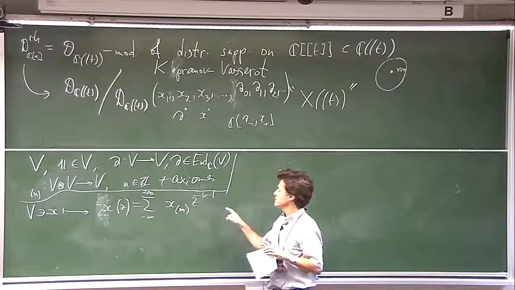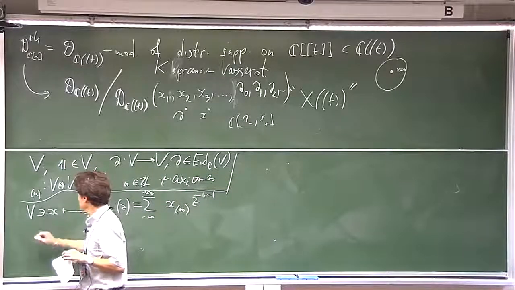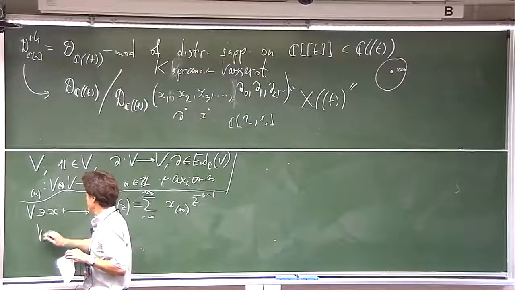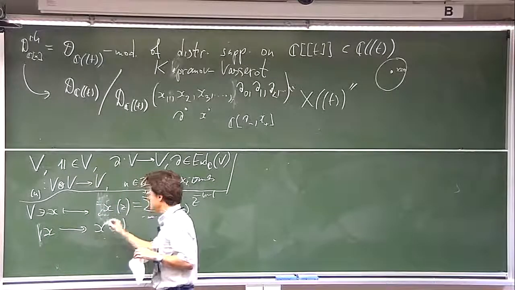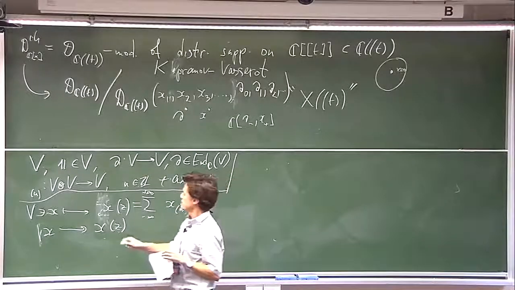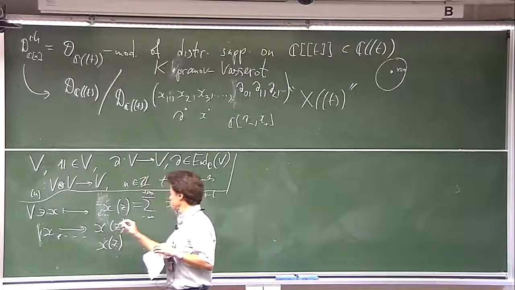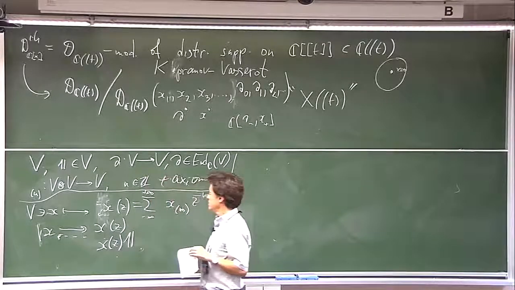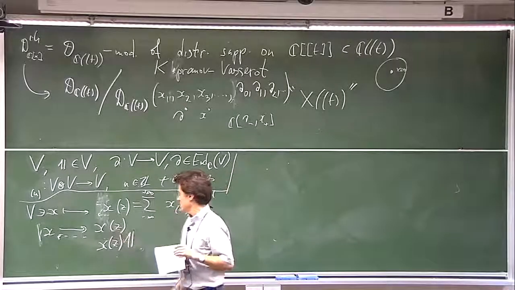One reason that fields are important is that x is really states. So this assignment of x(z) to x can be easily inverted. That's one of the axioms. That is, if you take x(z) and apply it to the vacuum vector, you will not get x.